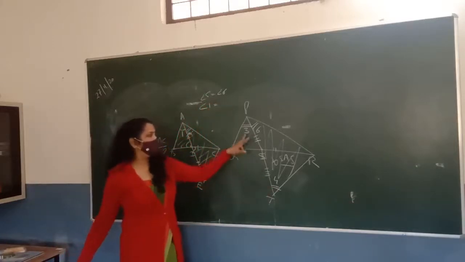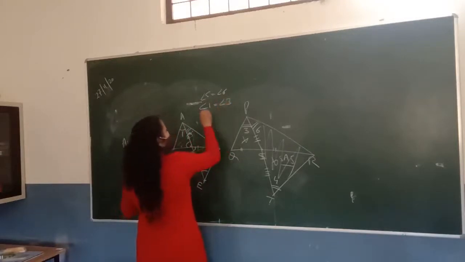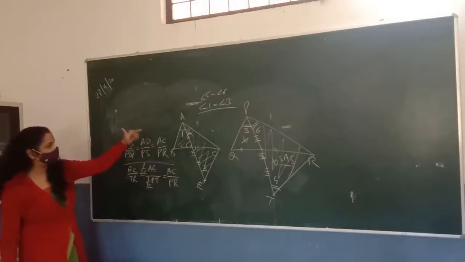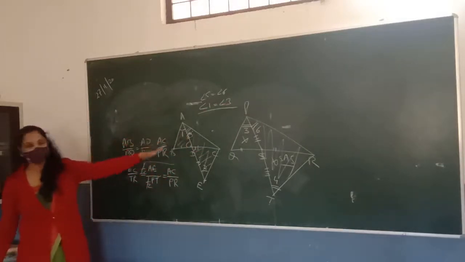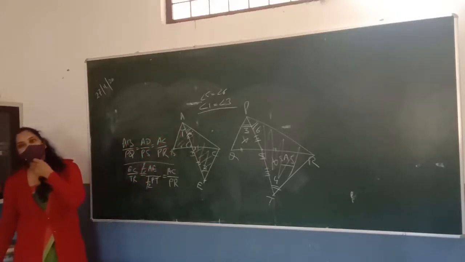In place of 4 we can write angle 3. They are also equal to each other by CPCT, and by adding these, triangle P, and by SAS similarity, we can prove that the triangles are similar to each other.